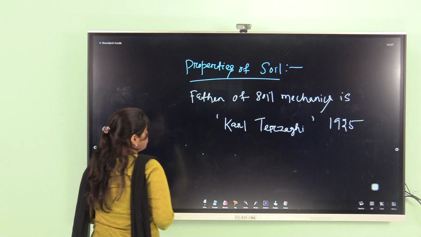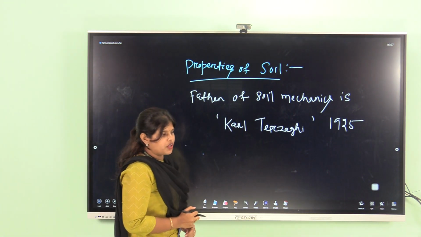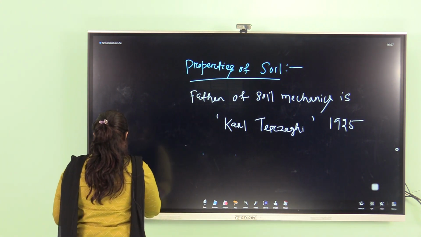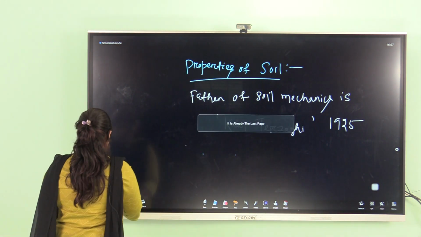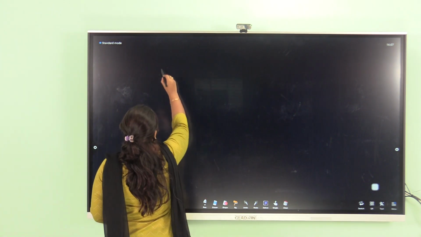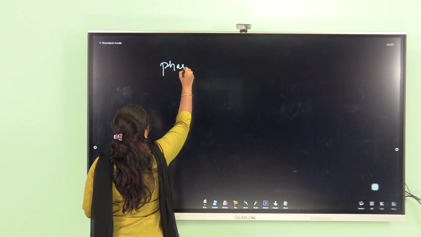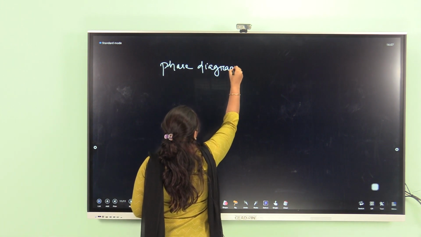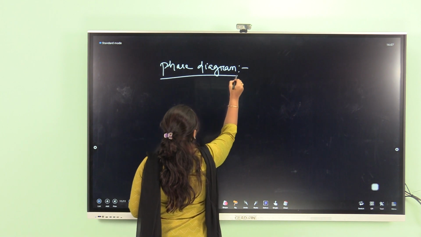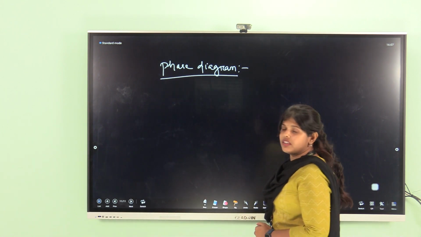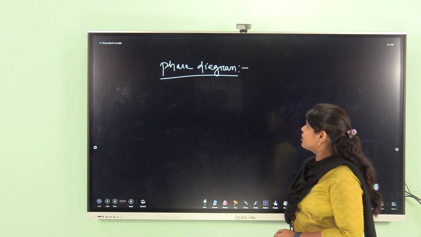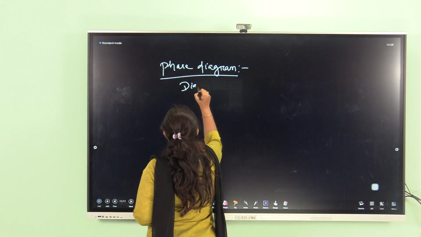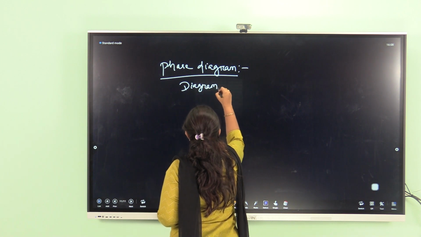So, the properties of soil he described by using a phase diagram. What is a phase diagram? Phase diagram is the diagrammatic representation of any particular object.